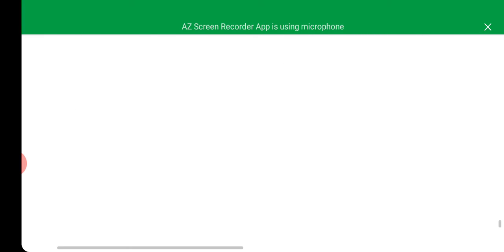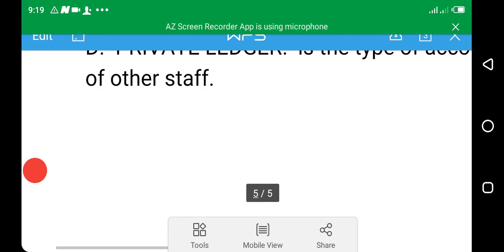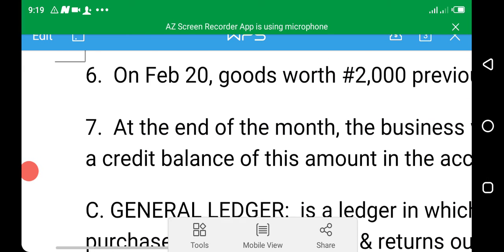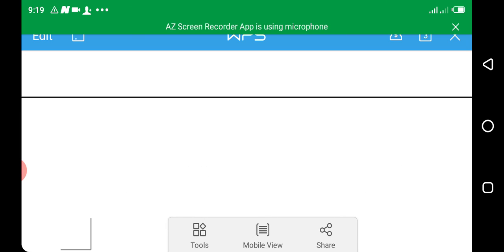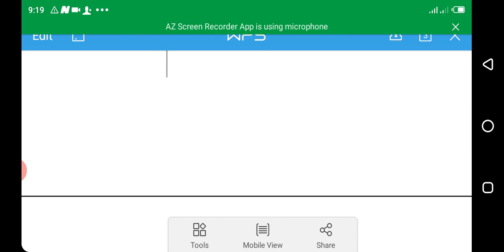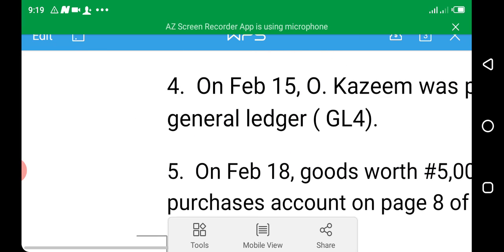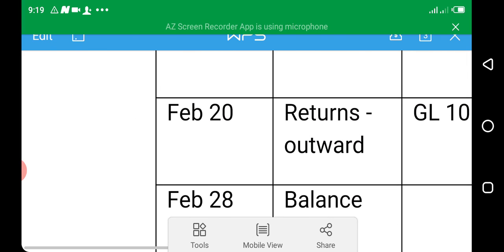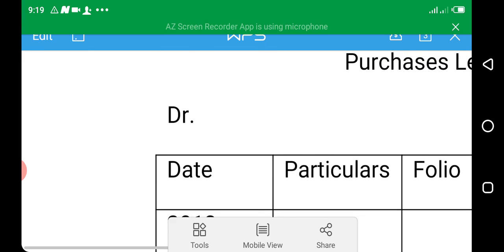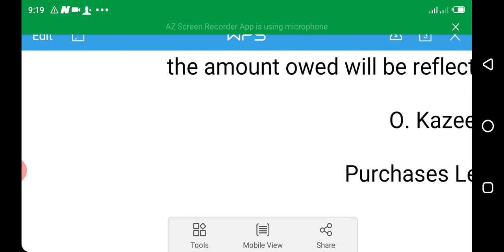This is all we need to learn as far as ledger entry is concerned: sales ledger, purchases ledger, general ledger, private ledger. All these are the types of ledger that exist and that can be prepared. So the cash book is the fifth one, and God willing, it is going to be the next topic.